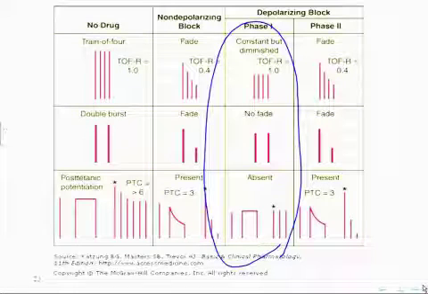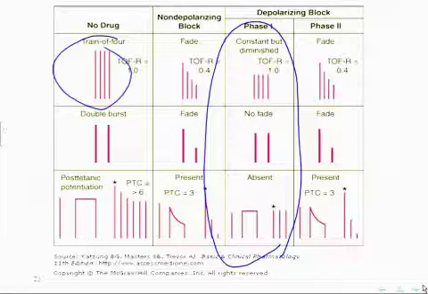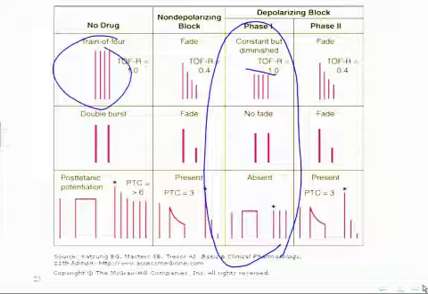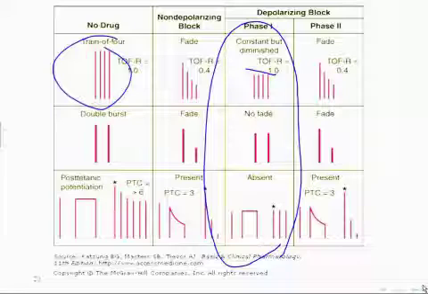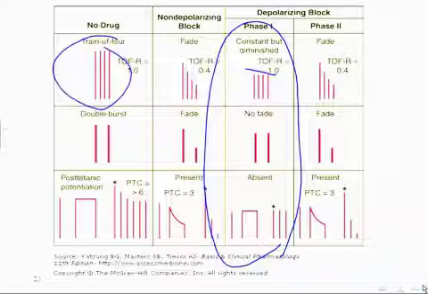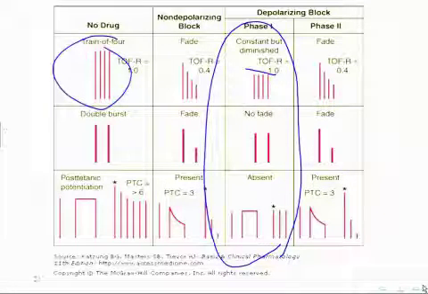Okay, this is your normal twitch height, and you get a reduction in your twitch height. But you see there's no fade. There's absolutely no fade. Every single twitch is the same height. Okay? If you look at double burst, which is a slightly different way of stimulating, you still see no fade.